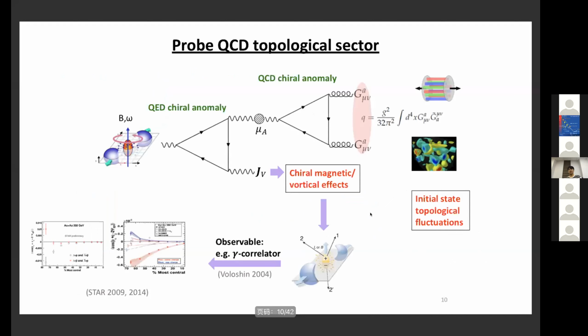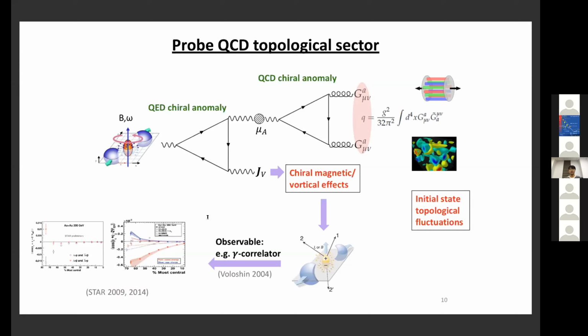The chiral magnetic effect itself is very interesting, and is a very universal phenomenon, which can also appear in other physical systems, even in condensed matter systems, and was also a hot topic in condensed matter physics. But in our field, this is particularly important because it could be used to probe the QCD topological sector.